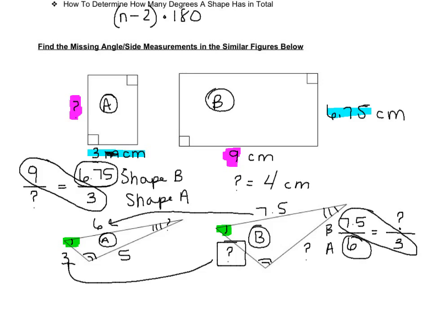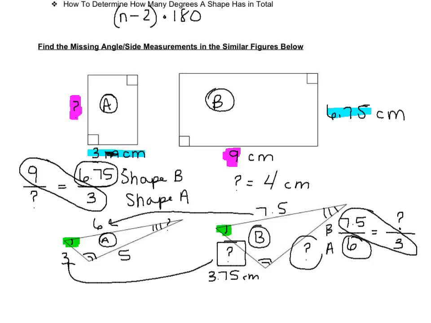So if I do 7.5 times 3, I get 22.5, and then I need to divide by 6, and my question mark, or my unknown value, is 3.75 centimeters. And for every question mark that you have, you do need to do a separate proportion. You can't try to solve for 2 in one.